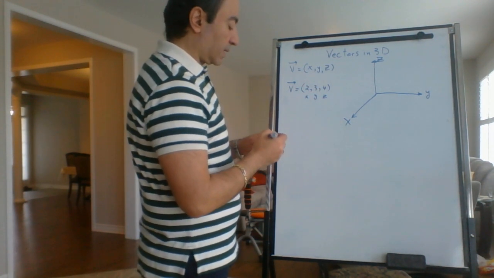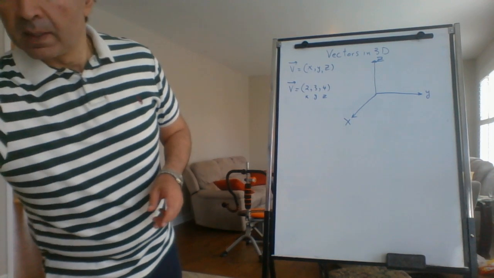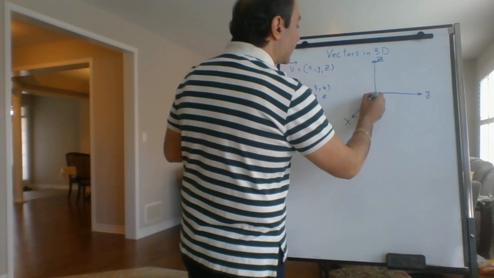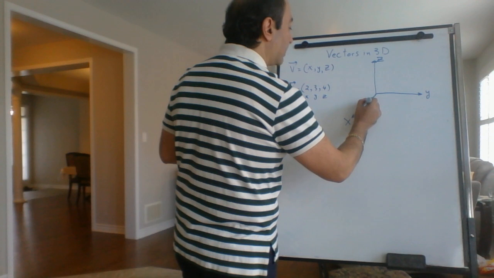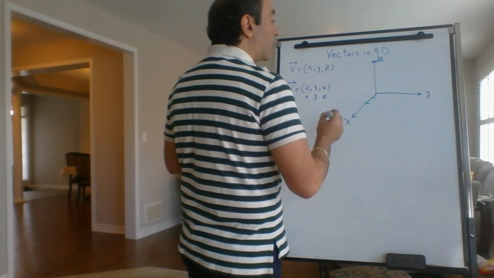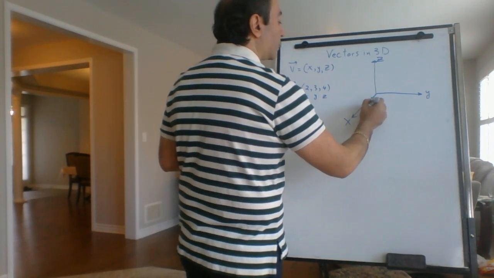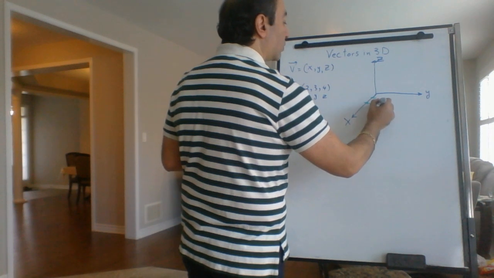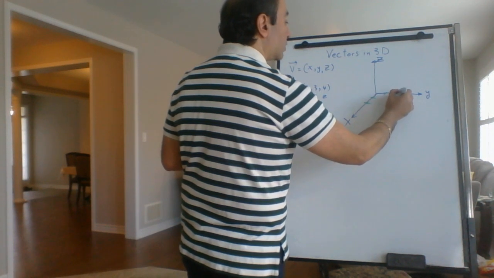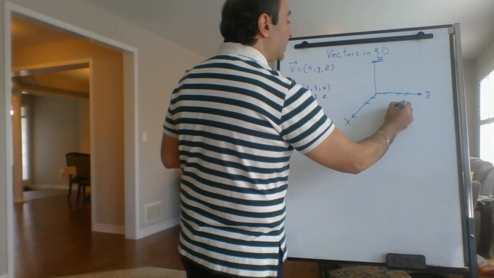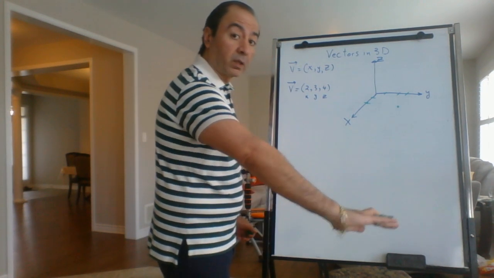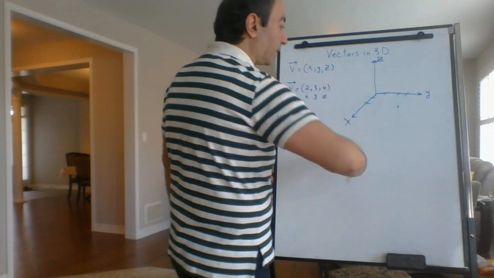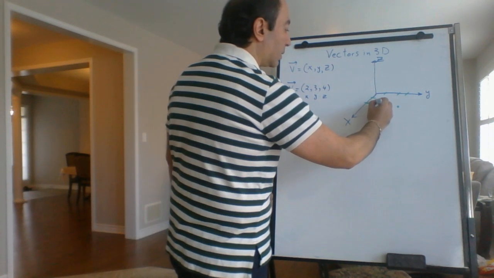So how can I do this? I go 2 units in the x direction. So I am here now. Then I will go 3 units in the y direction. So this is 1, 2, 3. So I will be here. This is like the floor level. This is the floor plane, the x, y plane.